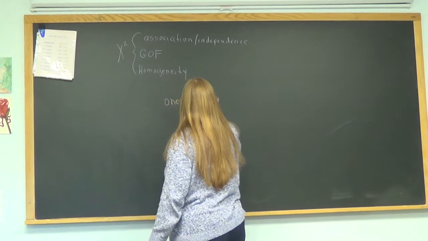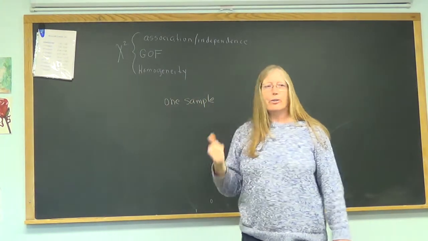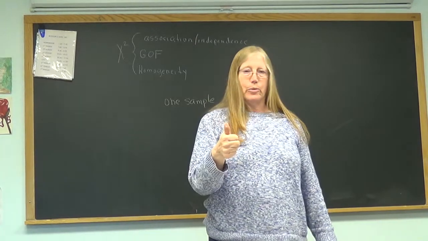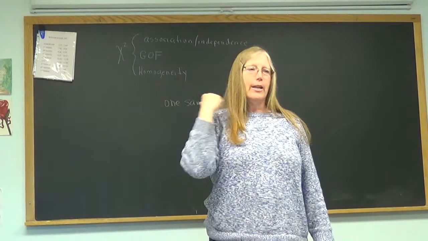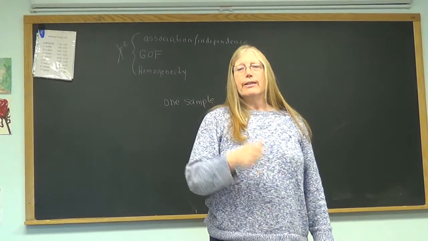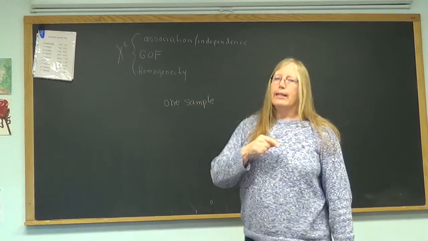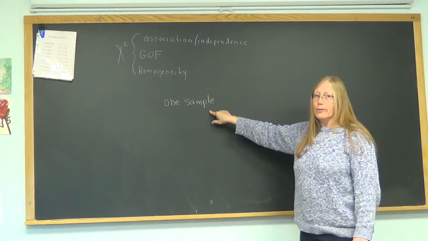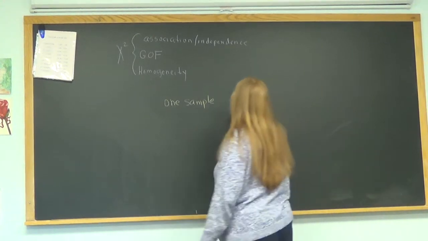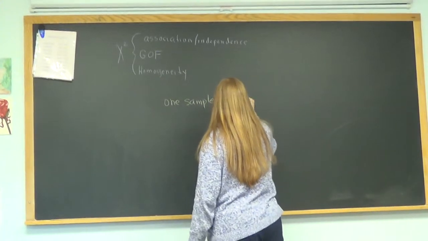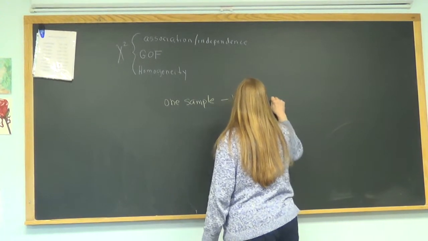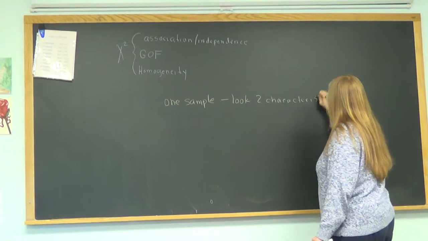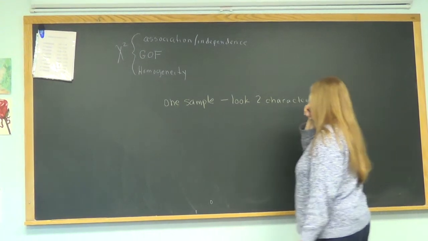If you recall, like the wine, they went into a store and played no music, then took another sample in a store where they played Italian, then a third store, so they had lots of samples going. In this last test for association, there's one sample group, and from that one sample, you're going to look at two characteristics. And you're going to ask yourself, is there an association between the two?